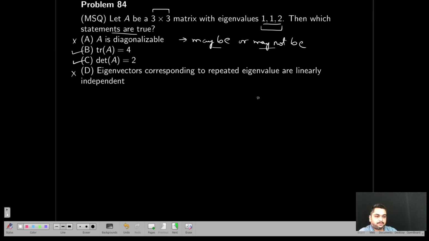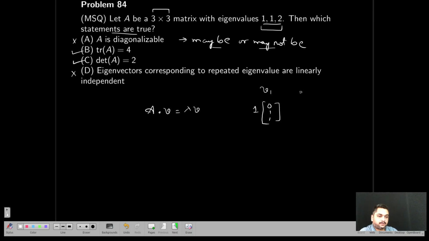For a repeated eigenvalue, for example, say we apply matrix A to V equal to lambda V. Now let us assume lambda as 1, and then I get vector V1 as, say, 0, 1, 1.